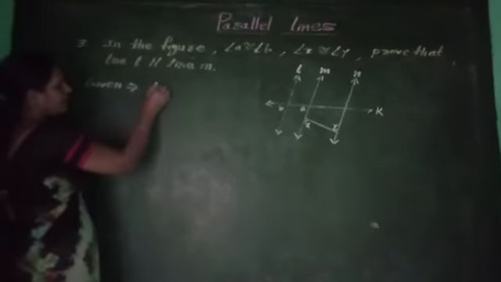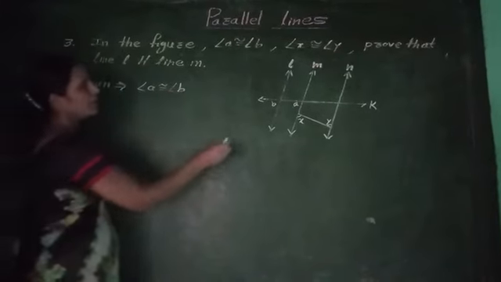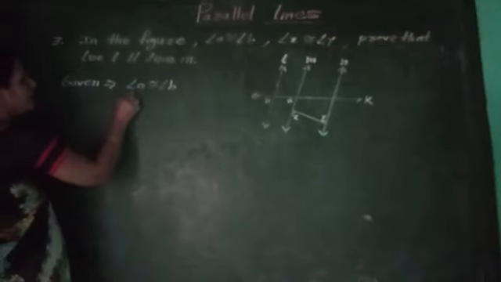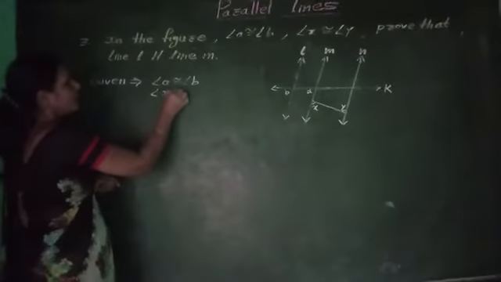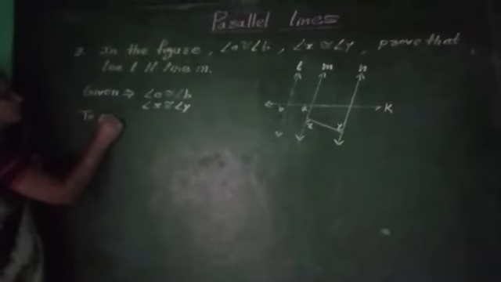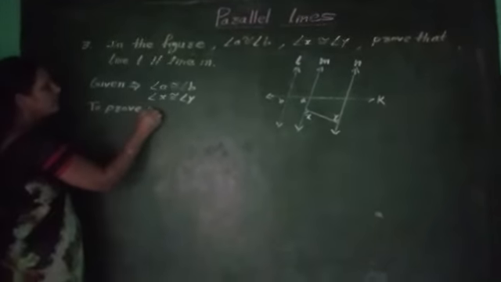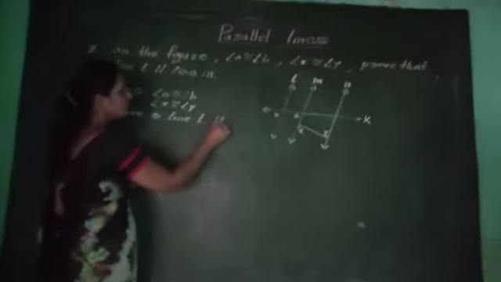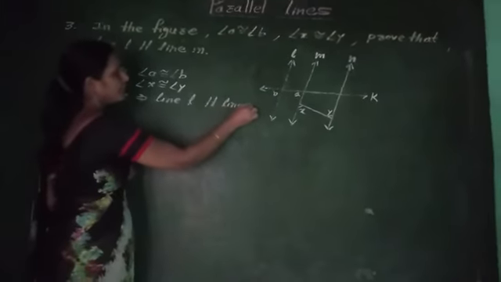Given is that angle A is congruent to angle B, and angle X is congruent to angle Y. We have to prove that line L is parallel to line M.